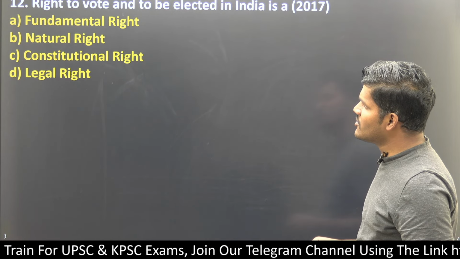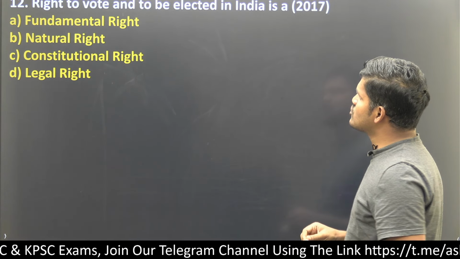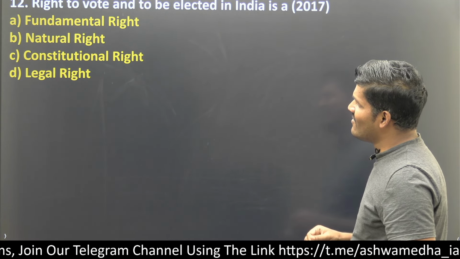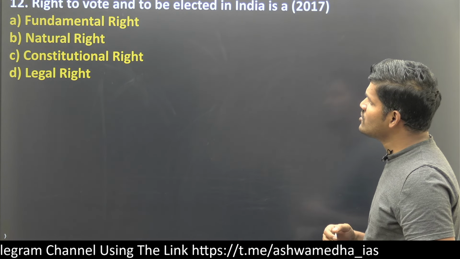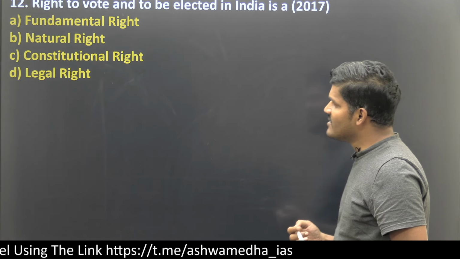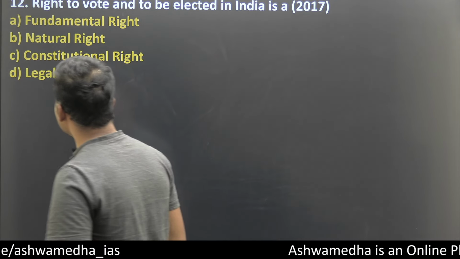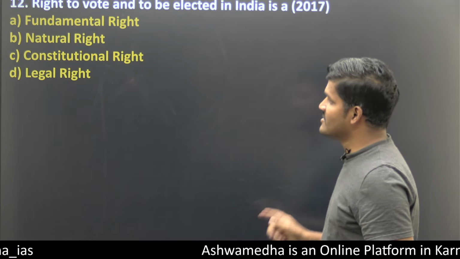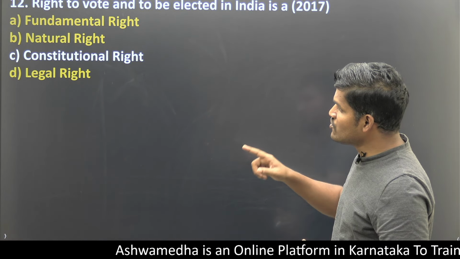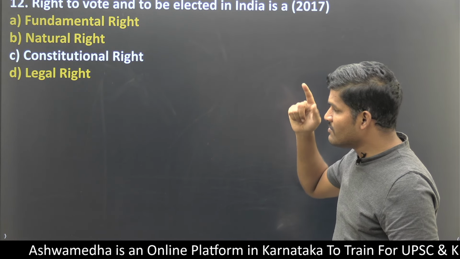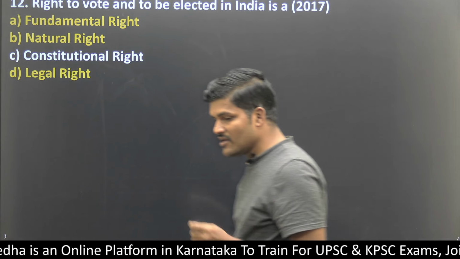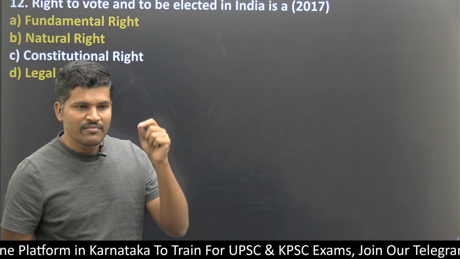Then Article 12, the right to vote and to be elected in India. The right to vote and to be elected in India is a fundamental right, natural right, constitutional right, and legal right. So it is about legal right. Yes or no? Yes, it is about constitutional right. Constitutional right means the provisions which are mentioned in the constitution.